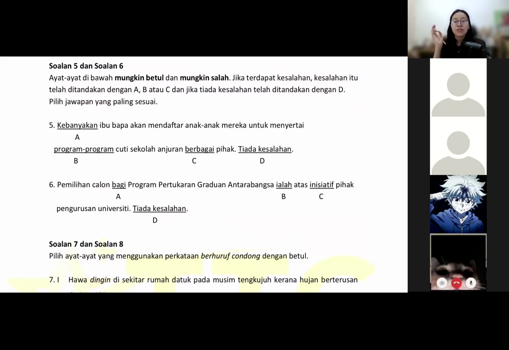Okay, wrong. Kebanyakan means mostly, mostly the parents, nothing wrong. Okay, correct. This one 3 marks, really free marks for you. Yes, Priya, correct. Answer is C, because we don't say berbagai pihak.